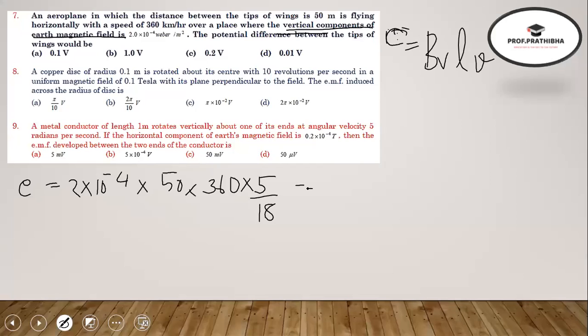See what's your answer. Correct. I think everyone is getting option B. Are you getting 1 volt, everybody?